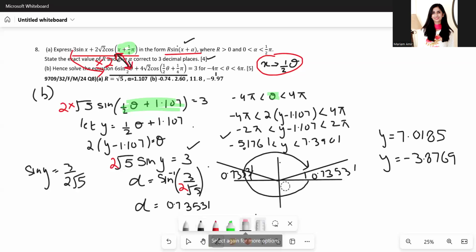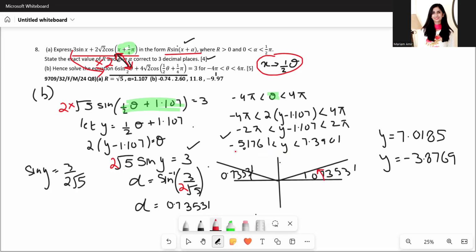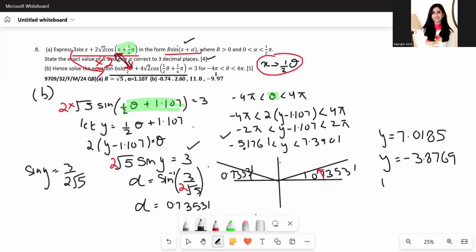All right, I made a blunder earlier. This is also going to be within the domain, obviously. y equals 0.7353 does lie within this domain. I don't know why I said it is not earlier. So y equals 0.73531 is also a solution. And so would be this one.